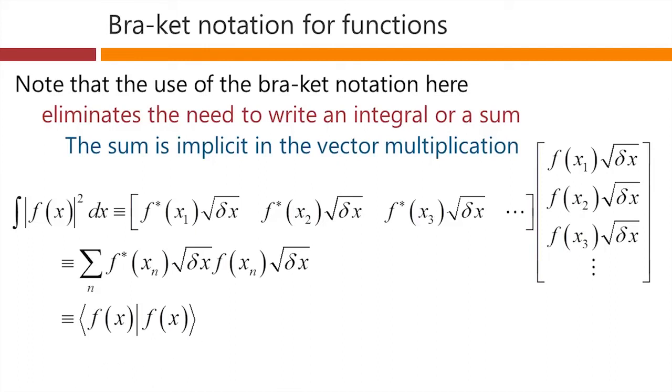So this saves us the bother of explicitly writing down a sum. We think of this as a column vector and a row vector multiplying one another. So the summation that we've written explicitly here is implicit because we're just multiplying two vectors. And we know we have to do that sum when we do that.